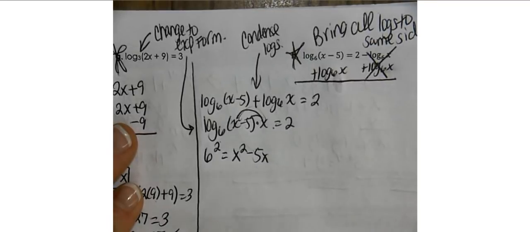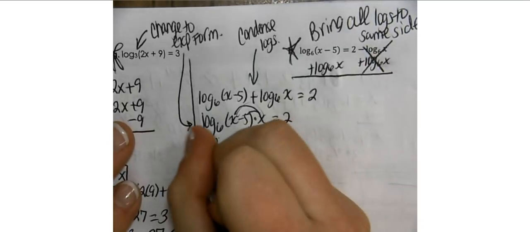So now I'm going to square 6 to make that 36. So I have 36 is equal to x squared minus 5x. And because this is a quadratic equation, I'm going to make it equal 0 by subtracting 36 on both sides. So now I have 0 is equal to x squared minus 5x minus 36.